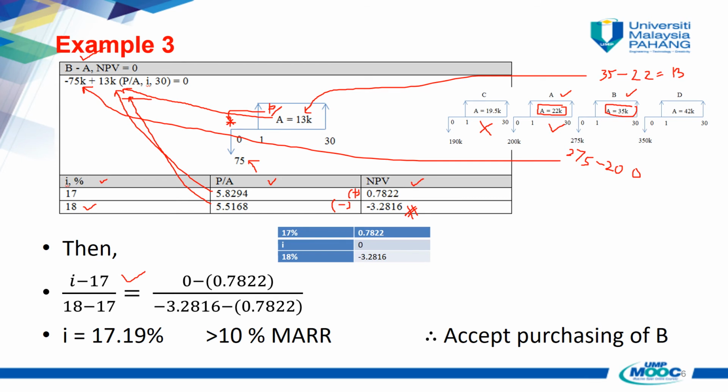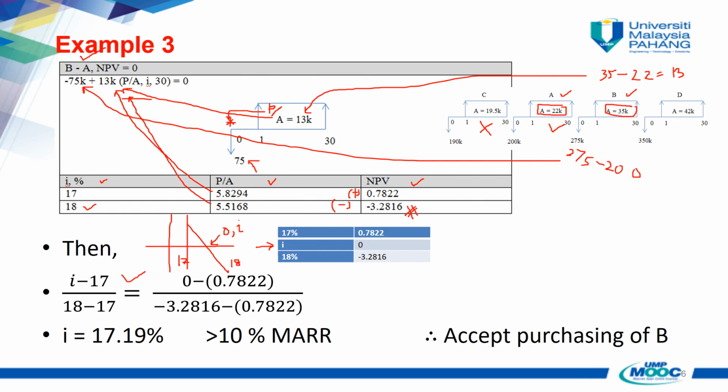We want to find out what happened to our I here at 0. Here at 0, this is 18%, and this is 17%. So what is the I at 0?